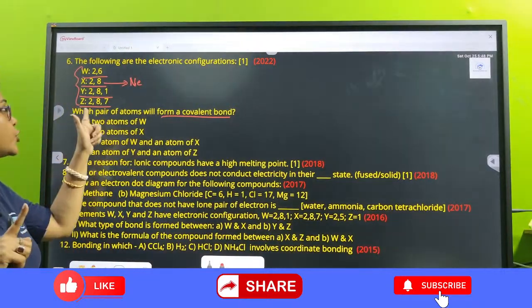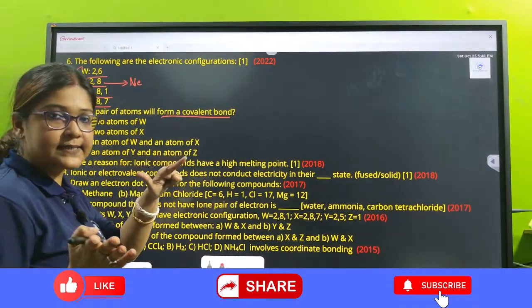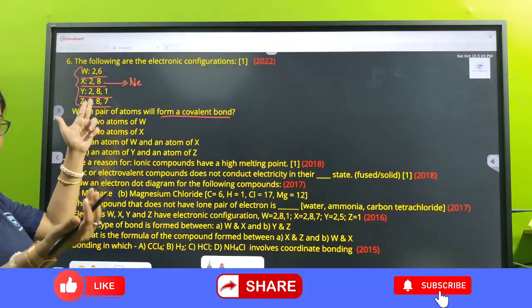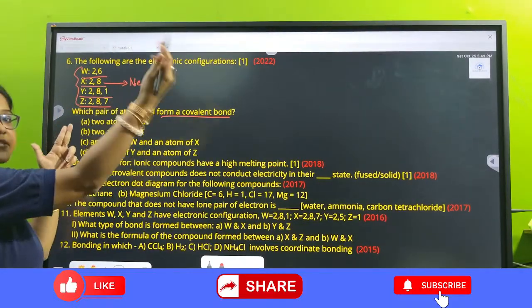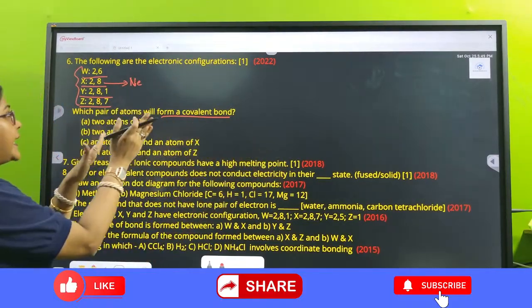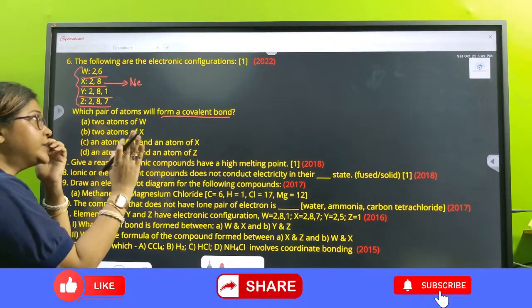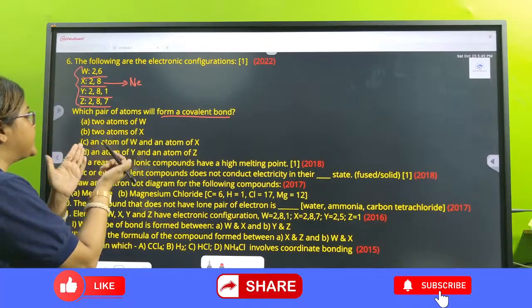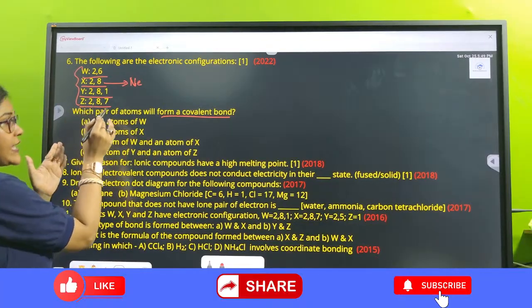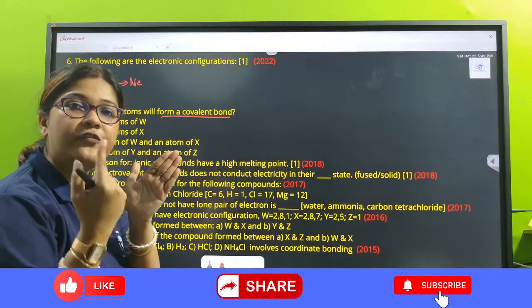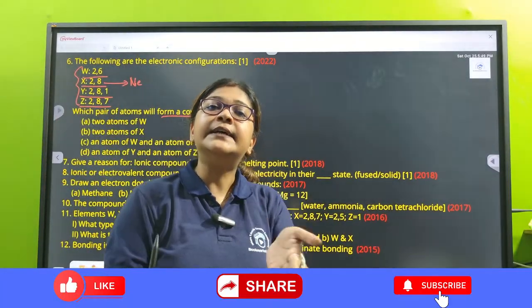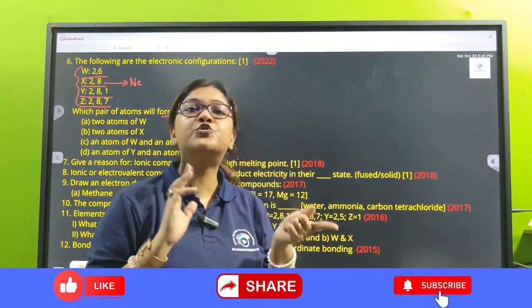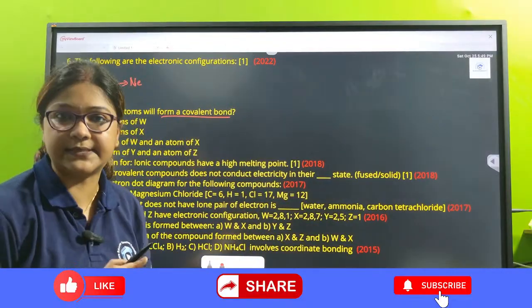Y is 2, 8, 1. It has 1 electron in excess. So if it gets rid of this 1 electron from its outermost shell, it will attain a good 2, 8, that of neon. That means it will become stable. And Z is 2, 8, 7, which means it has a shortfall of 1 electron. So it can either gain 1 electron or mutually share electrons amongst itself.